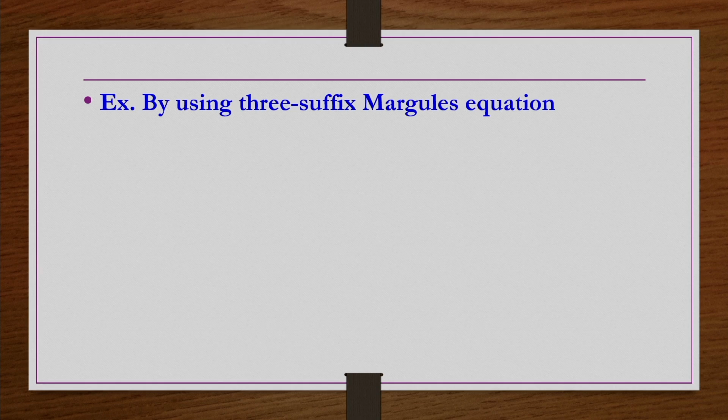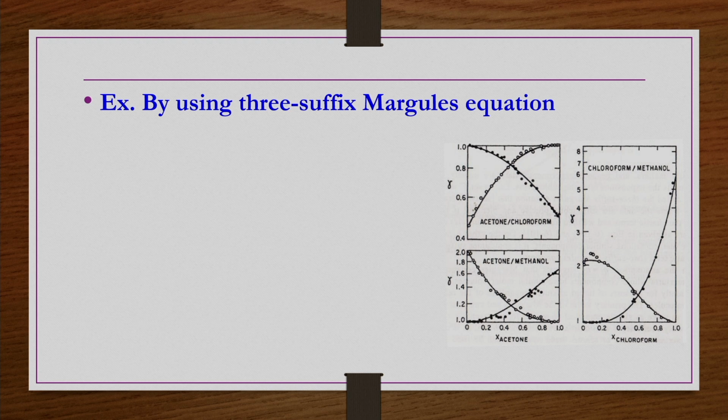Now, by using the 3 suffix Margules equation, we take 3 examples: acetone chloroform mixture, acetone methanol mixture, and chloroform methanol mixture at 50 degree centigrade. The activity coefficients of acetone and chloroform in this case, acetone and methanol in this case, and chloroform and methanol in this case, versus mole fraction of one of the components, are presented.